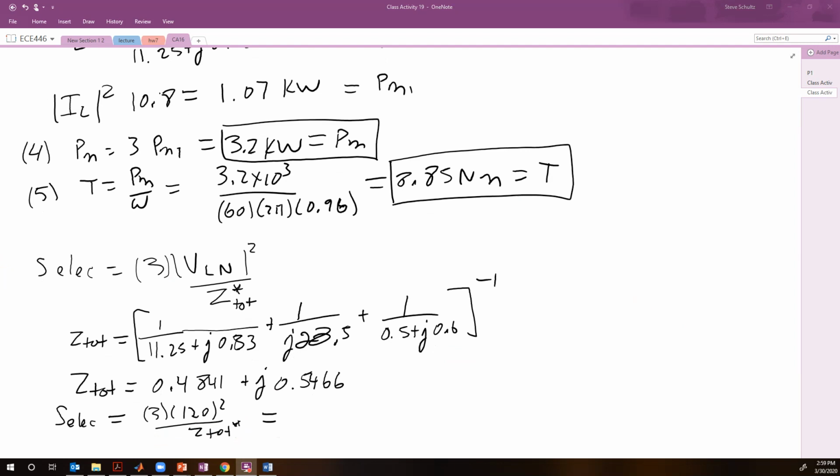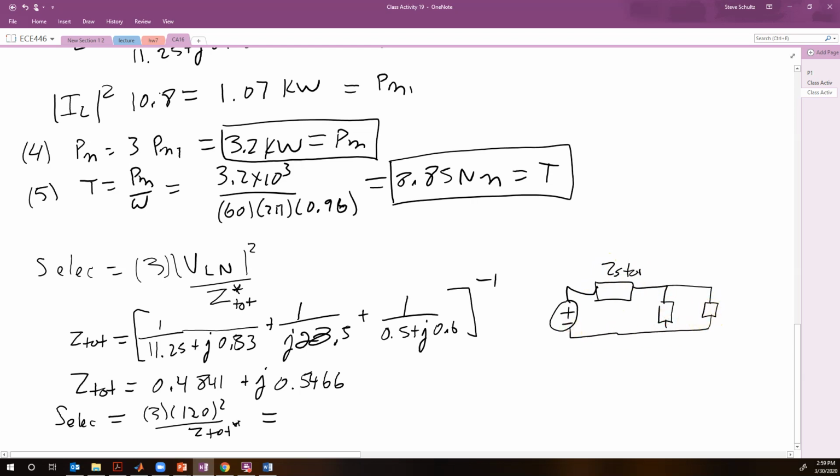Okay, so I made a mistake, so I got to go back and fix my mistake. And my mistake is that you can see that this is Z of my stator. And then I'm going to have these two in parallel.